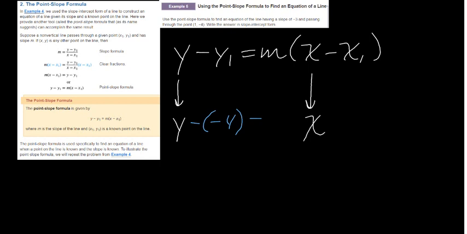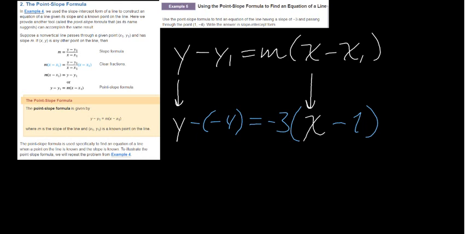That's equal to the slope, which we said was -3, times x minus x1, and x1 is 1, so x minus 1. All we did was plug in what we know, and that's all you can do.